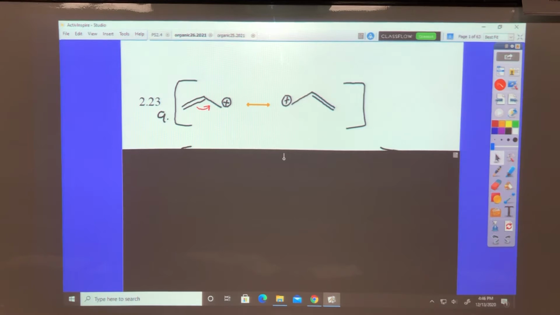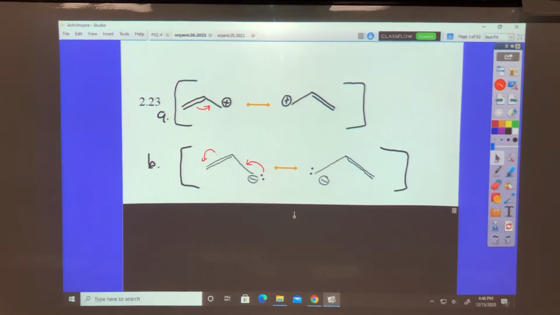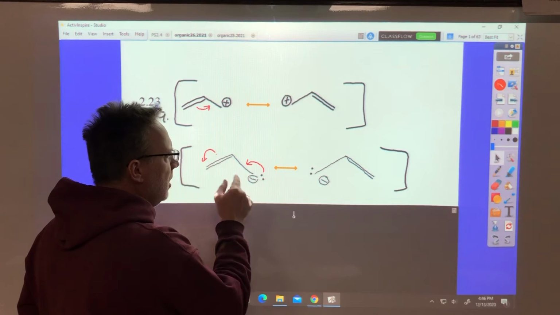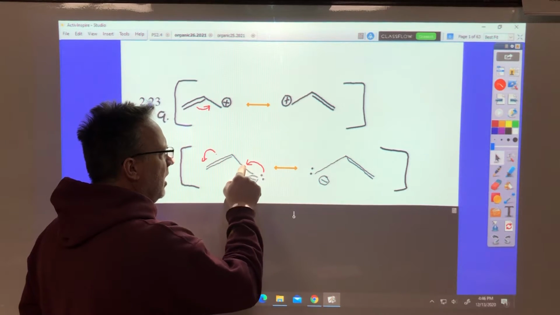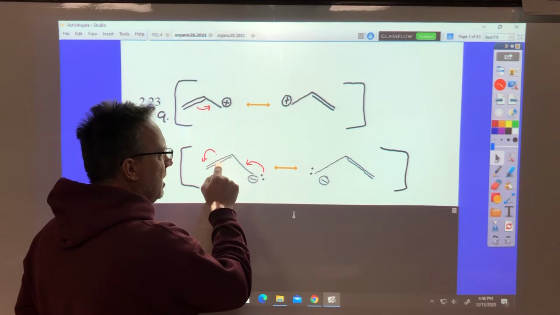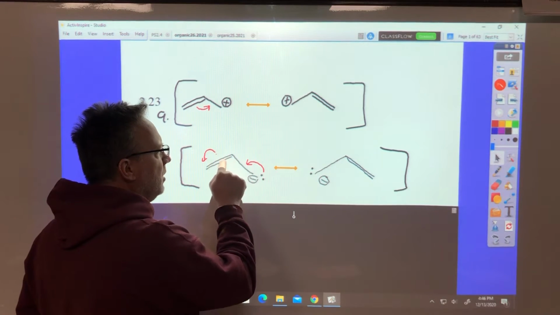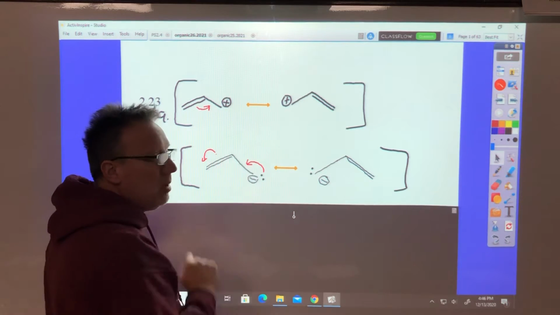Okay, on number B, you've got kind of a different thing with an extra pair of electrons out here, and this is negative. So if this pair of electrons went there, you'd have a double bond, which means these have to jump. You can't have a hydrogen here, 1, 2, 3, 4, and then put another bond in.